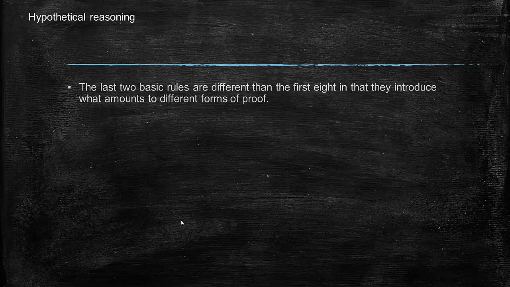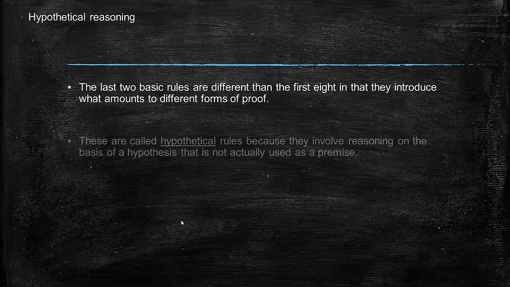Okay, so the last two basic rules that we introduce are different than the first 8 that we've already learned, in that they introduce what amounts to different forms of proof. They're both called hypothetical rules because they involve reasoning on the basis of a hypothesis that is not actually used as a permanent premise.